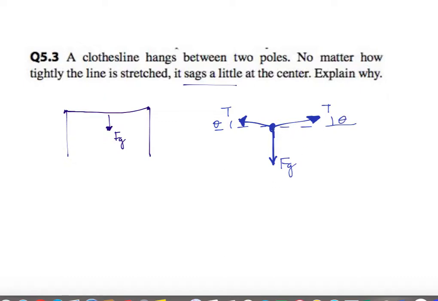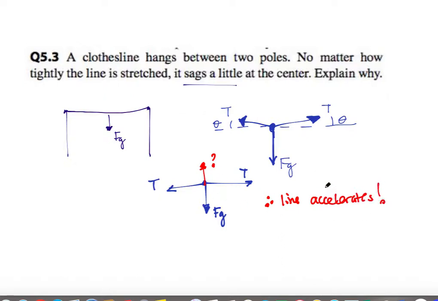then we would have a situation where tension cancels each other out, sure, but there's no way to cancel the force of gravity. There's no force to cancel out the force of gravity. Therefore, the line should be accelerating if there's nothing to cancel out the force of gravity.